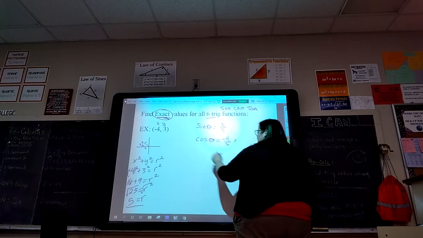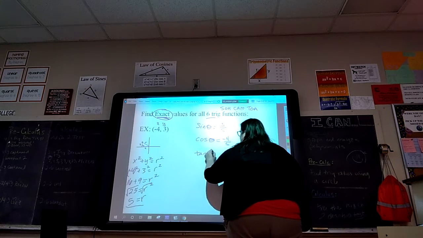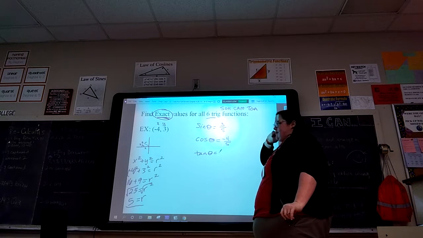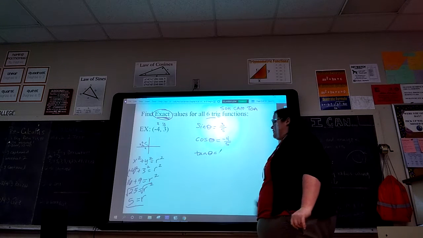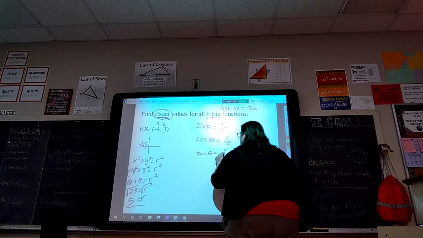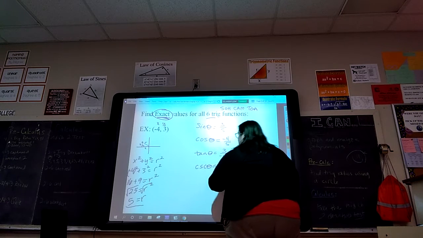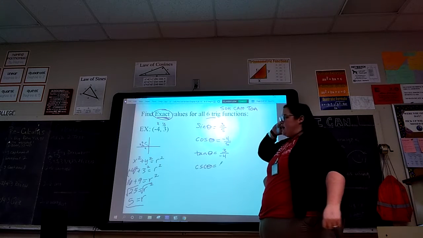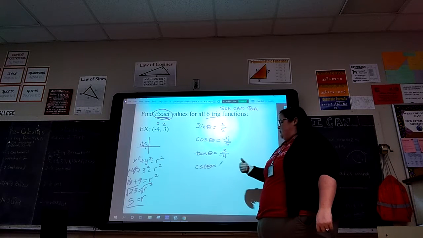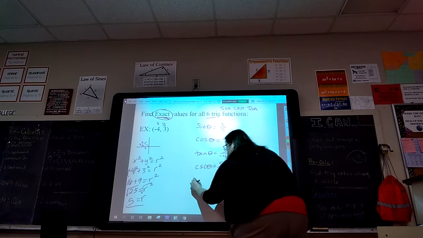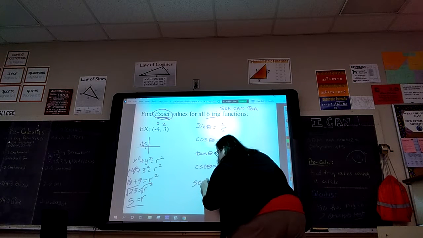So there's cosine. Tangent is usually opposite over adjacent, but again, opposite is y, adjacent is x, so it's going to be 3 over -4. Then we have cosecant, which is the reciprocal of sine. So sine was y over r, so cosecant is going to be r over y, so 5 over 3. Then we have secant, which is the reciprocal of cosine.